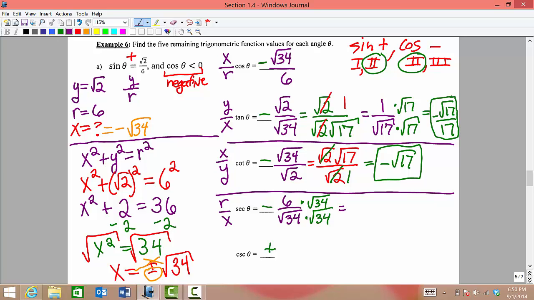And that gives 6 times the square root of 34 all over 34. And now 6 and 34 have a common factor of 2. So we will cancel out a common factor of 2. That leaves us with 3 on the top and 17 on the bottom. And it was negative to begin with, so we end up with negative 3 square root of 34, all of that divided by 17.